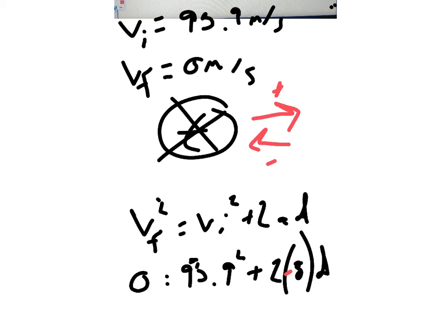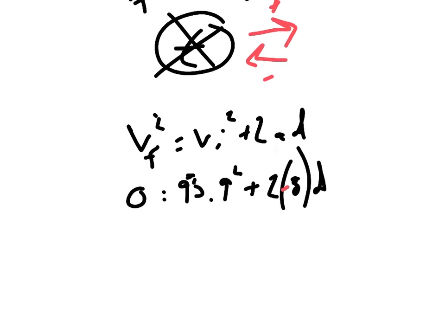So our distance is going to come out positive because that's the direction we were going. If you leave the 8 positive, you'd get a negative displacement, which is not wrong. Just you said you were going the other way. So then your 93.9 should be negative to give you a reference to that. It doesn't really matter for this one, but you need to watch out if the acceleration is negative or positive because it could change the answer. So let's go ahead and solve this now.